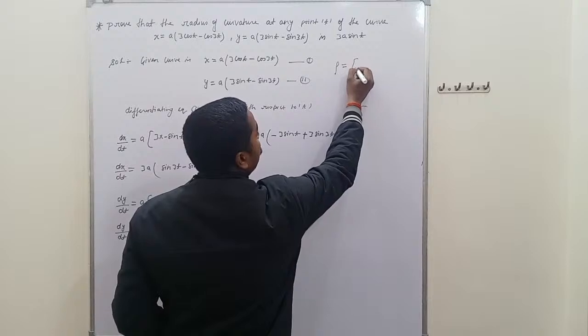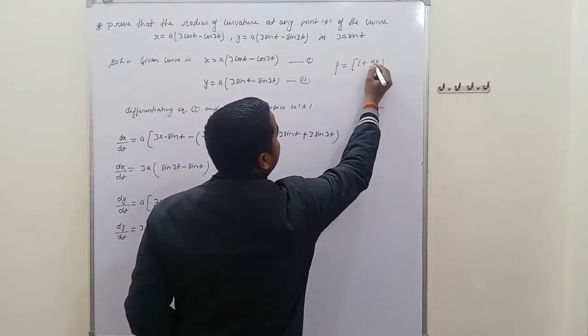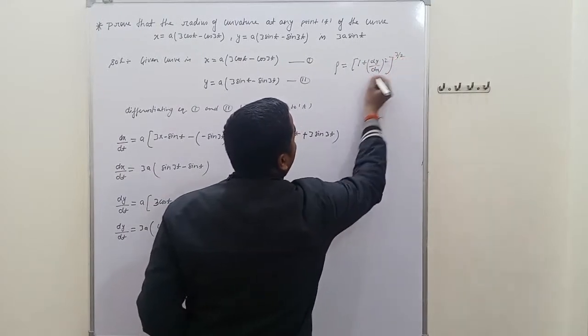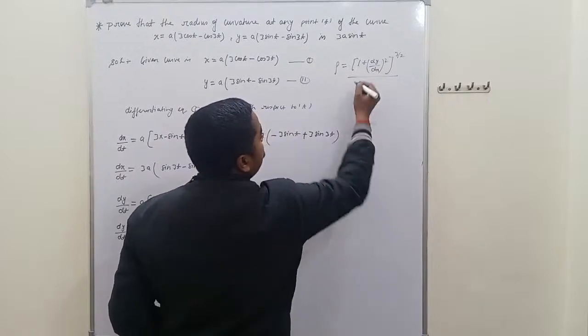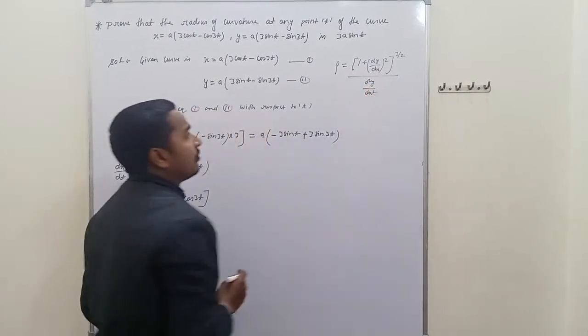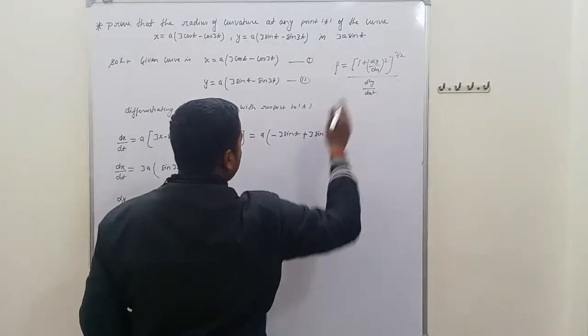Further, the radius of curvature is given by rho is equal to (1 plus (dy by dx) whole square) whole power 3 by 2 upon d2y upon dx2. We have to find first dy by dx, and then d2y upon dx2.